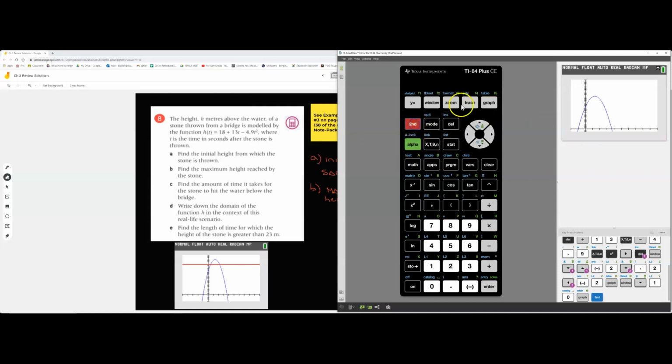So I go second, calc, choose number 4, max, and I want to put the cursor to the left of the vertex. Enter. Right of the vertex. Enter. And then about where I think the vertex is. Enter. And my maximum is the y-coordinate.